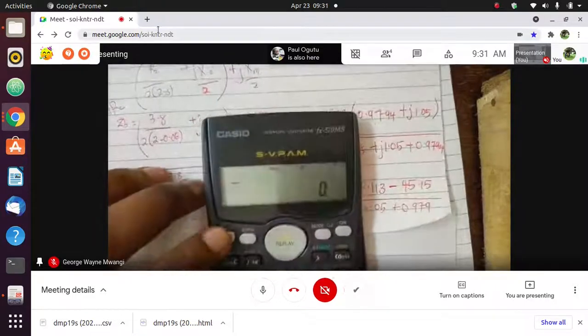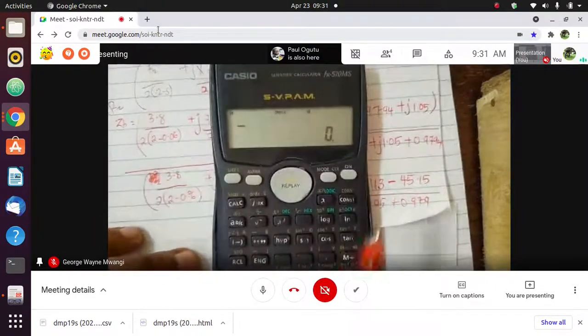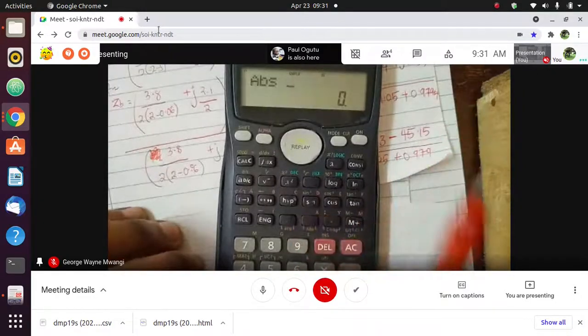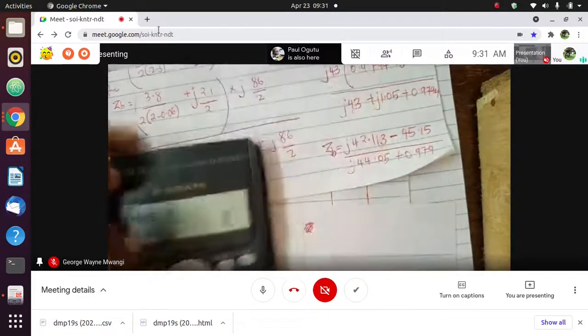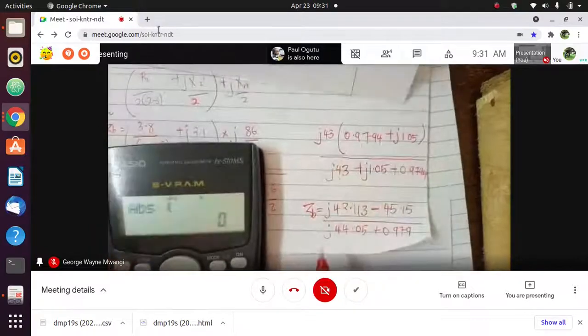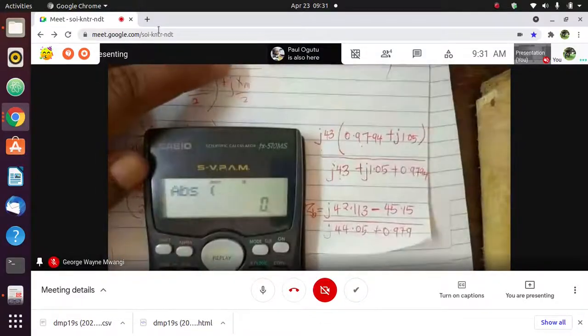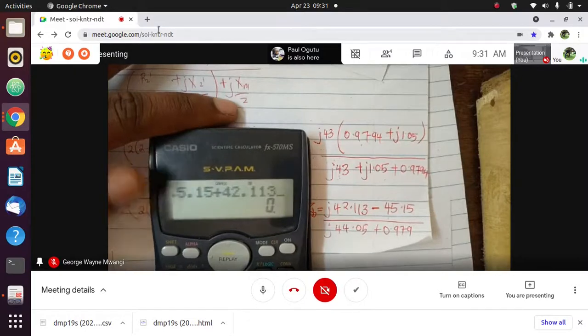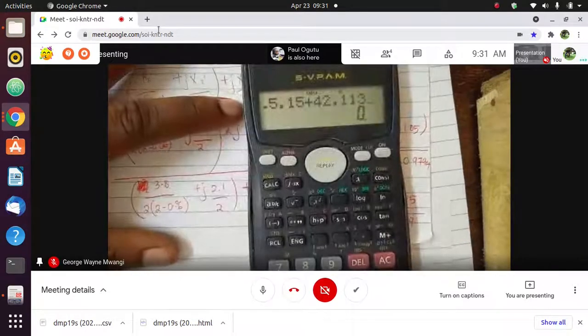We take shift, then absolute. We input the numerator. Our numerator is minus 45.15 plus J 42.113. Since we don't have a J in our calculator, what we have is an I, we'll use that I.